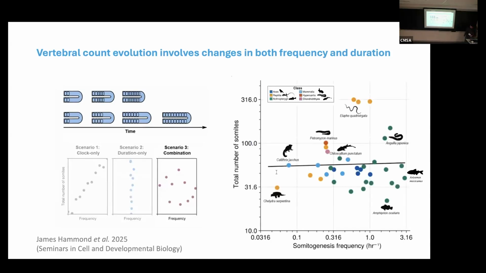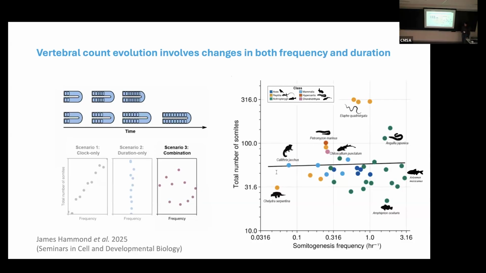So if we plot the total number of somites formed in the embryo against the rate of somitogenesis, just full-on raw data, we see no clear trend, and we see that the frequency of somitogenesis and the total number of somites is incredibly diverse across the vertebrates. This would be consistent with something along the lines of scenario 3.